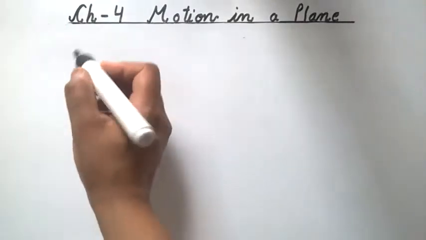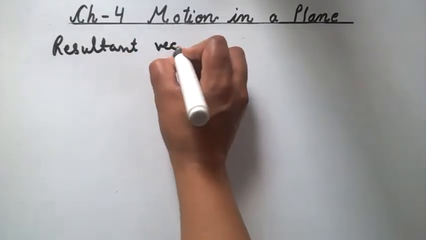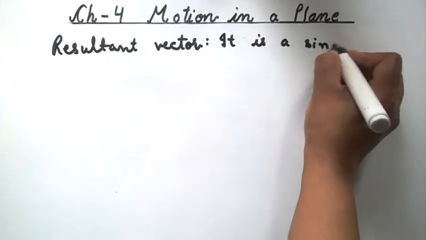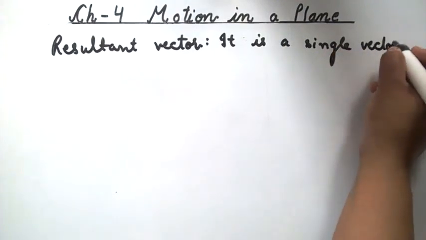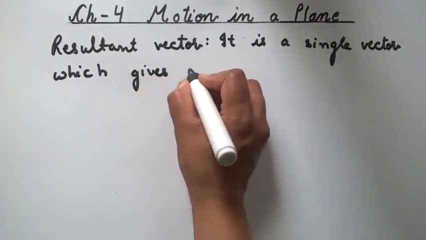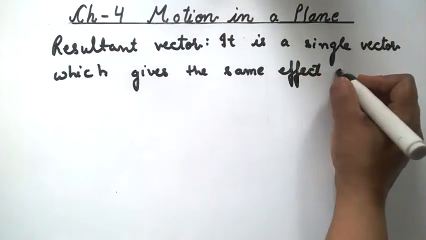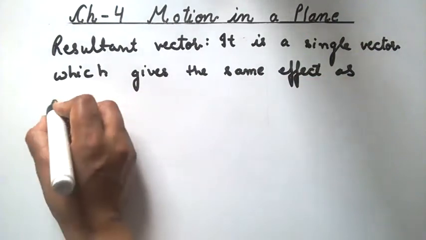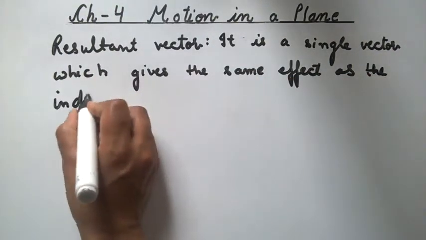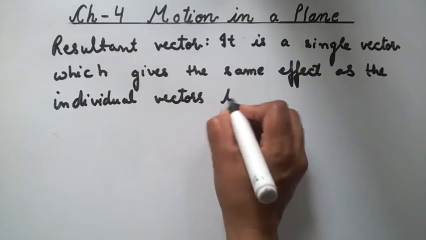Thus we have seen that the resultant vector is a single vector which gives the same effect as the individual vectors together produced.